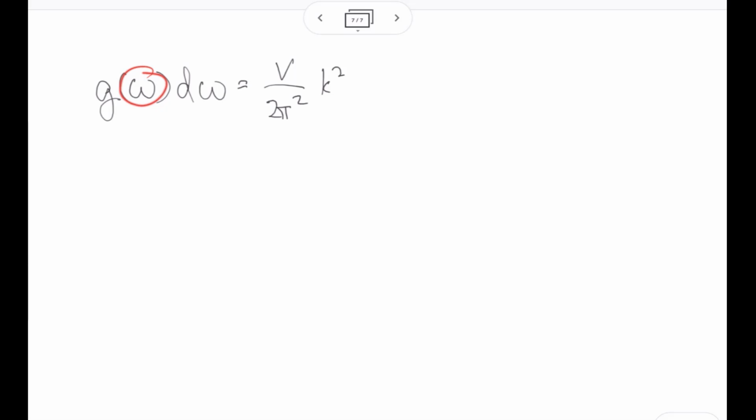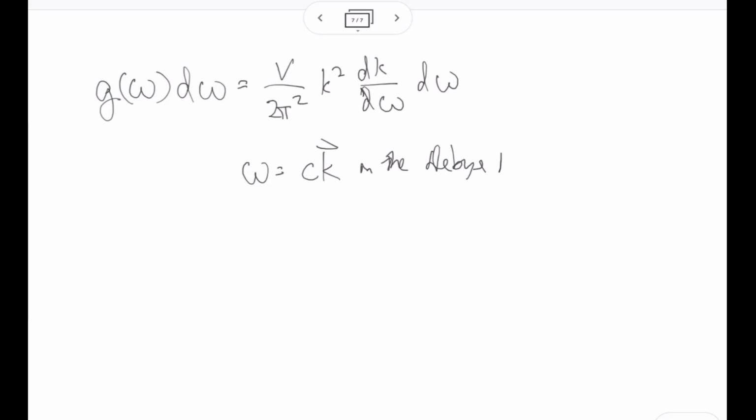So I'm going to write dk d omega d omega. And previously I said that omega equals ck in the Debye model. Not in real life, just in this model. And so we can write that k equals omega over c.